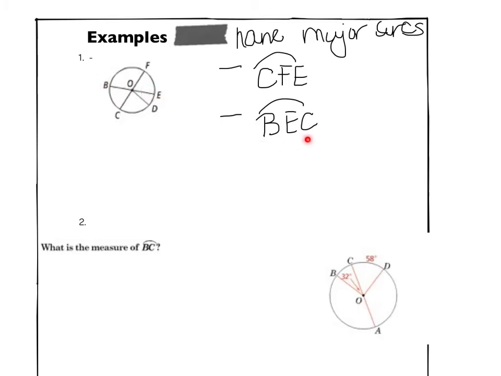So I know the first 2 letters could be BE. But then I want it to be bigger than a semicircle. So I'm going to go right to C. And I actually went the wrong way, so I'm going to back up and show you the right way to go. Okay, so if I was to actually start at BE and go around that way, there I go, and then all the way to C. So this would actually be my major arc.